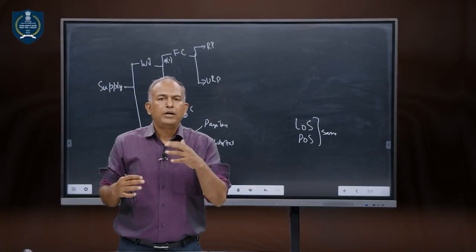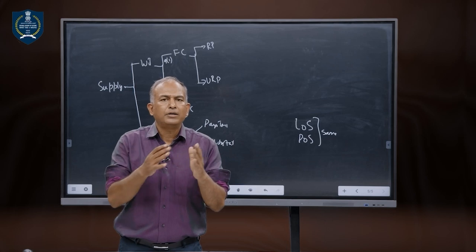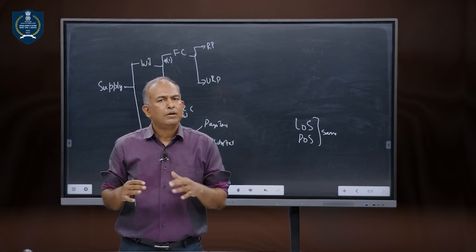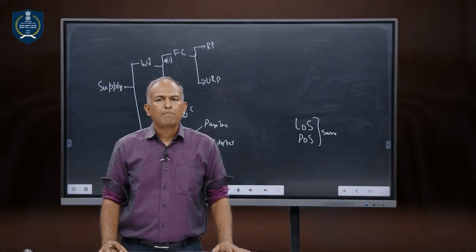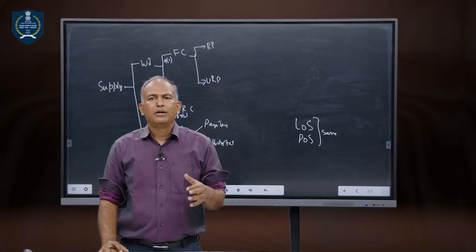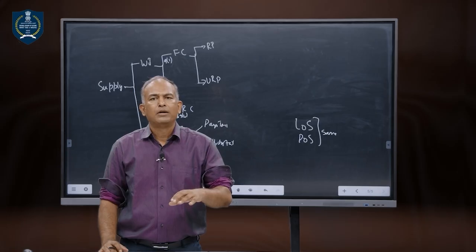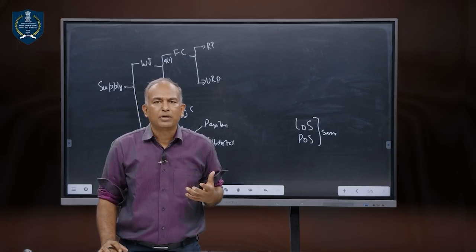So an intrastate supply, normally you will understand, is where the location of the supplier and the place of supply are in the same state. Now, is it possible that the location of the supplier and the place of supply are in the same state, but actually it is an interstate supply?